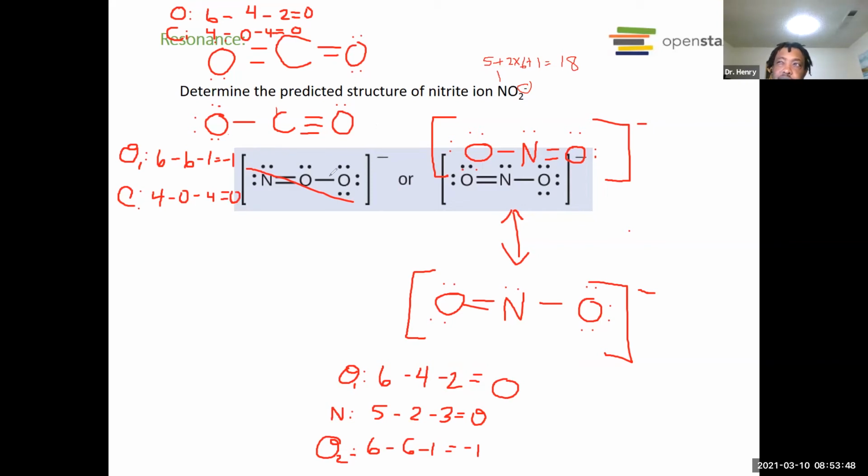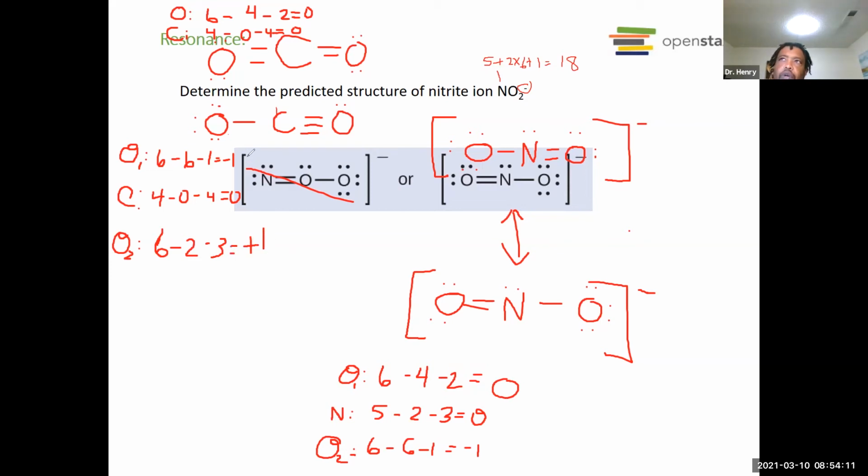And then this oxygen here, oxygen 2, is going to be 6 minus 2 minus 3. So then that's going to be a +1.